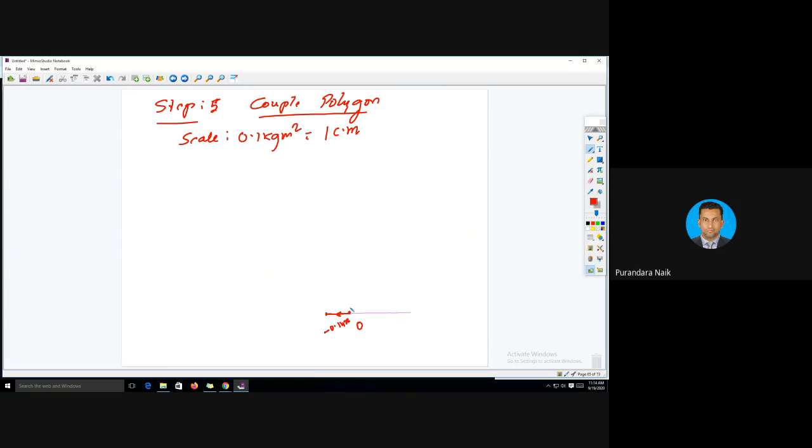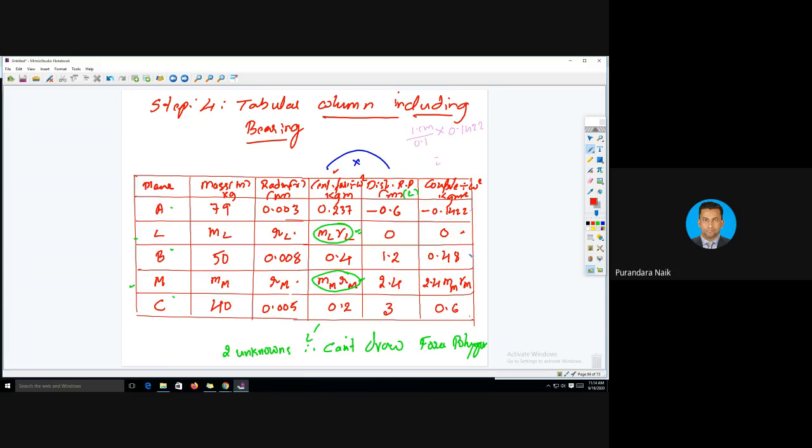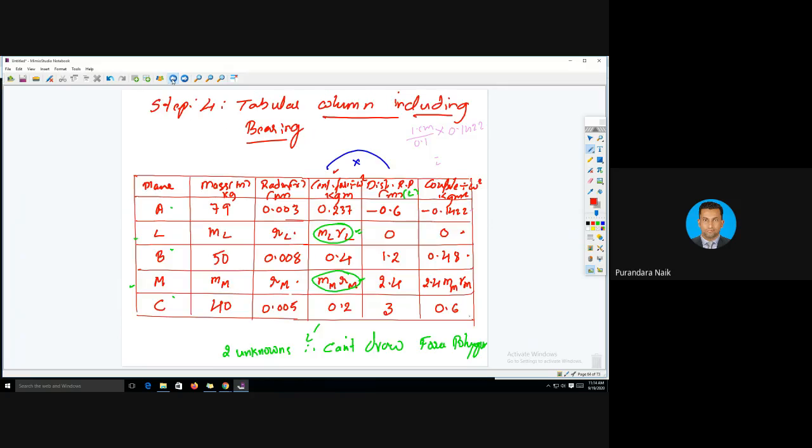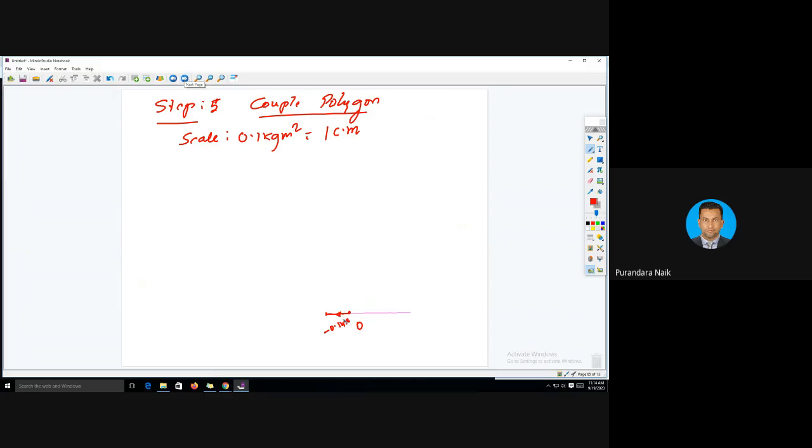After that, the reference line is already there. Next is 0, you forget it. Next, 0.48. Find out the value of 0.48 in centimeter. We will get 4.8 centimeter, right? But what is the angle of B? We have found the angle of B is 154 degrees.